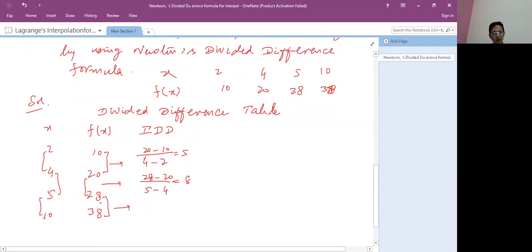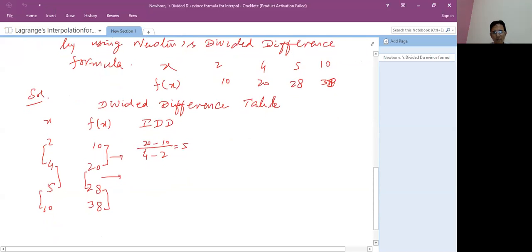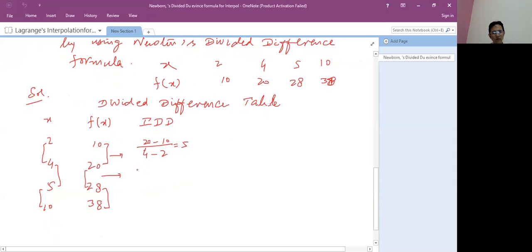And now, student, for the third argument, 28 minus 20 divided by 5 minus 4, 8 over 1, it means 8.